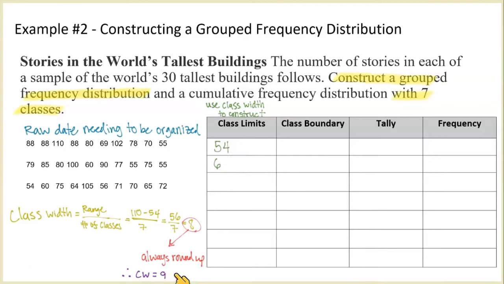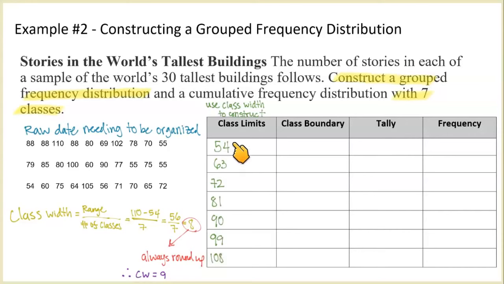What we calculate for our class width and what we start with is going to set the information for our class limits. I'm essentially just taking this 9 and adding it each time to the previous number. This number is called our lower bound. Every number we find here is considered the lower bound for that class limit. So if I keep adding 9 each time, these are the lower bounds for my class limits.